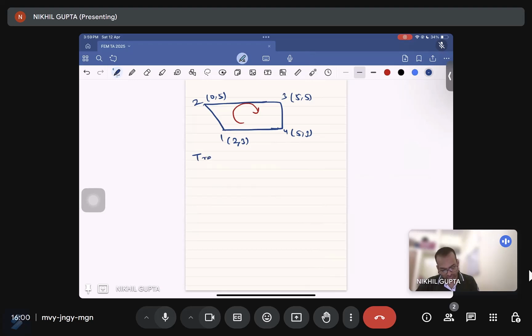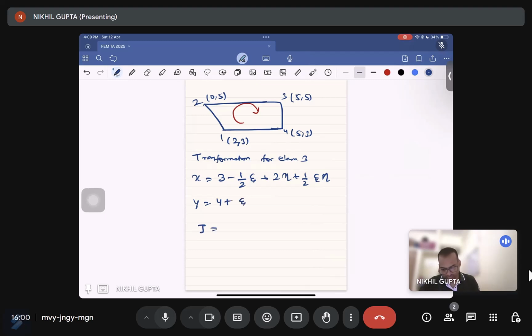So transformation, again I'll write for this element number 3. So it will become x equal to 3 minus 1 by 2 xi plus 2 neta plus half xi neta. Then 4 plus xi as the y.